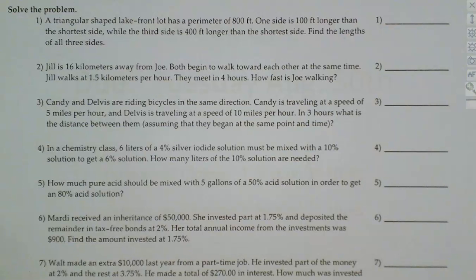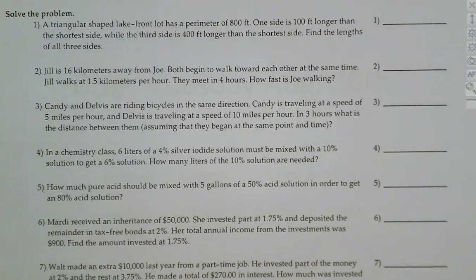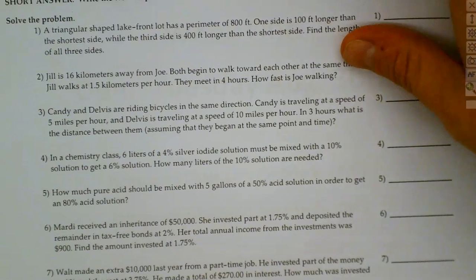We've got Marty, and she received an inheritance of $50,000. Part of it went at 1.75%, and the rest went at tax-paid bonds at 2%. Her annual income from the 2 investments was $900.